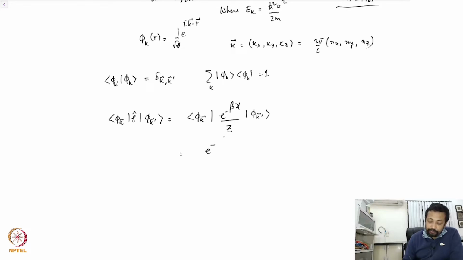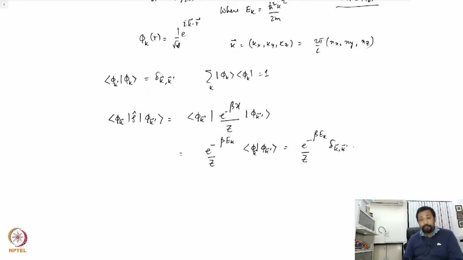And this is going to be e to the power minus beta E_k over Z <phi_k|phi_k'>, which is e to the power minus beta E_k over Z delta_{k,k'}, which means that these matrix elements are diagonal.